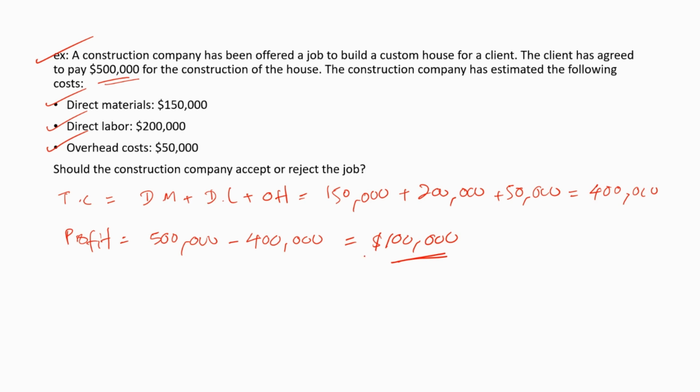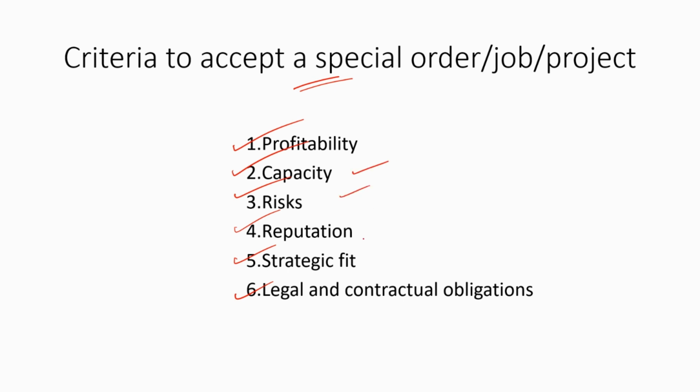They can consider accepting this project because it is profitable. It is important to note that not only profitability but also other factors should be considered when it comes to job costing, which are capacity, risks, reputation, strategic fit, and legal and contractual obligations.